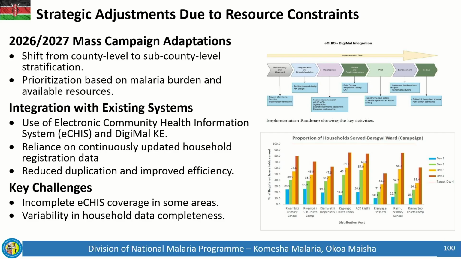So in the cutting of funds, one of the things we looked at is the household. As I said, we already have the household population within Digima that we used in the previous campaign, but then we realized there was a parallel platform that is achieving a natural registration process of households, and that is within the electronic community health information system.